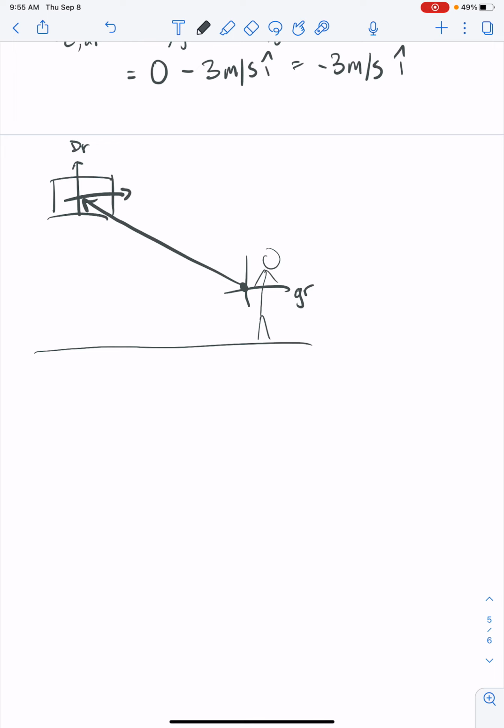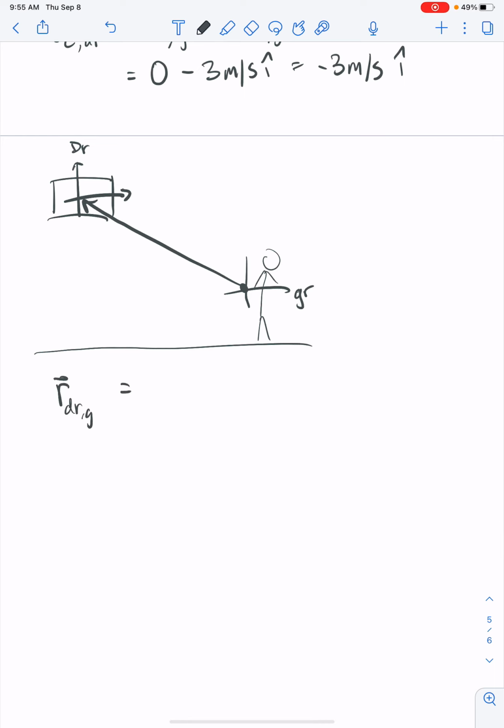So in the y-axis, this is not moving. It's not a function of time, right? It's just a steady height. So the j hat component of r drone-ground is some i hat component that we'll find in a second, plus the j hat component, which is just 4 meters, right?